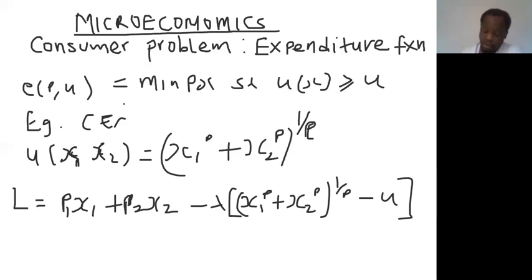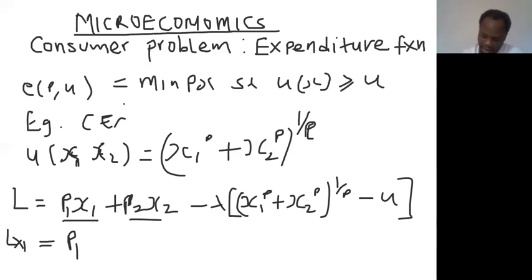First of all, we are going to differentiate this with respect to x1, x2, and lambda, following the same process that we did for the previous one. When I differentiate with respect to x1, I have p1 from the first part. The second component has no x1, so I don't touch it.